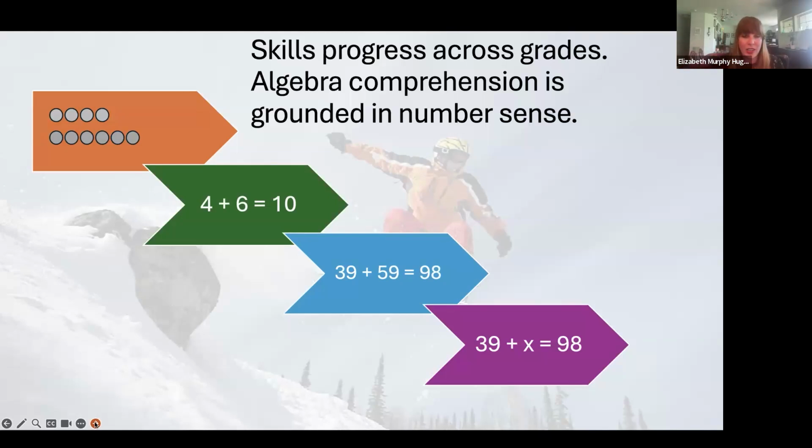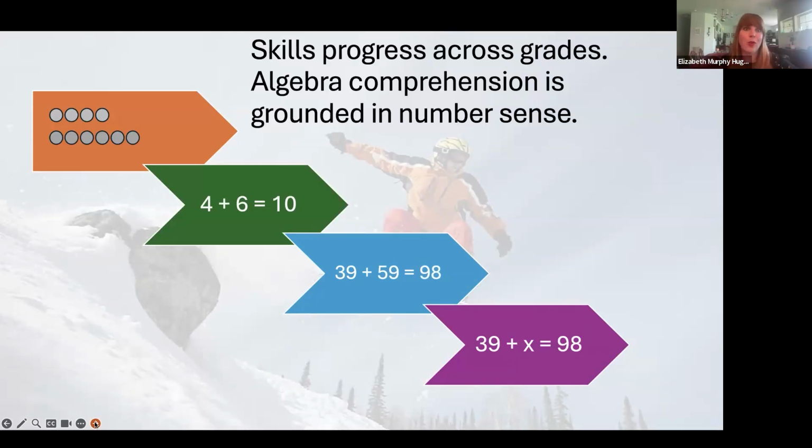Okay, in this sequence I share here, we have those manipulatives or kind of the objects. Students can start making sense of math without even knowing the numbers and symbols that we use. So we have these objects. And then in that green arrow, we connect those objects and those magnitudes to squiggles.